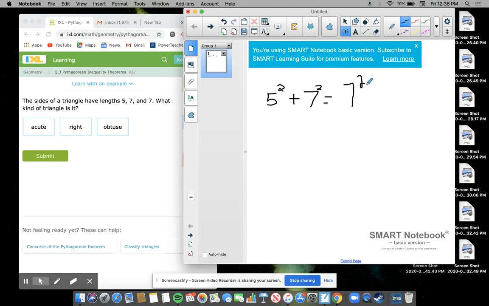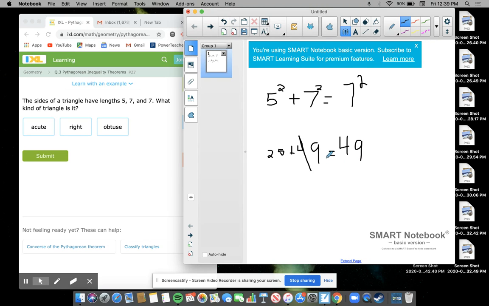Now when we go through to solve, we say, okay, 25 plus 49 equals 49. Oh my goodness, I'm struggling with my touchpad. So right there, I already know that the left side is going to be bigger. So that's a squared plus b squared is larger than c squared.